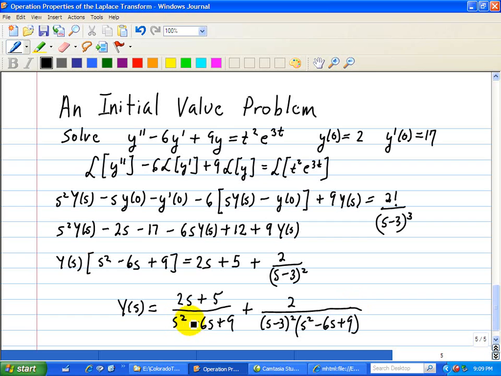Now we recognize s squared minus 6s plus 9 is simply s minus 3 squared. So we rewrite this again as 2s plus 5 divided by s minus 3 squared plus 2 over s minus 3 raised to the 5th power.